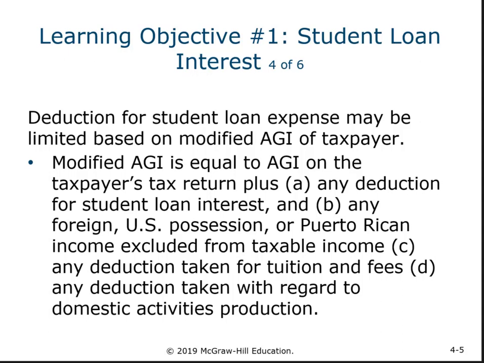So before, as it says, modified, before any deduction for student loan interest and any income excluded from taxable income because it's out of the country, or the deduction for tuition and fees, which is no longer happening, or domestic activities production. Again, not very common. So for most places, this is AGI, but before you consider any student loan interest.